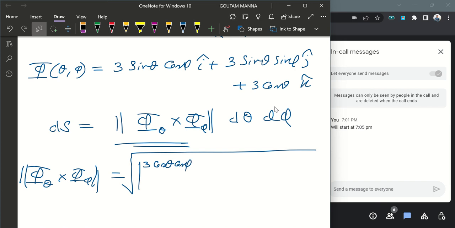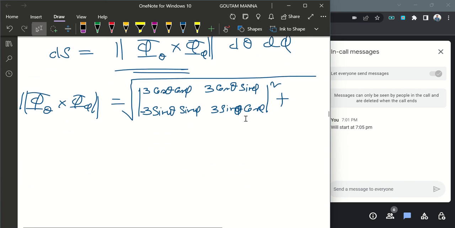The second term will be del y del theta, which is 3 cos theta sin phi. And here, del x del phi will be minus 3 sin theta sin phi, and the fourth term will be del y del phi, that is 3 sin theta cos phi. Similarly, you calculate the other terms.